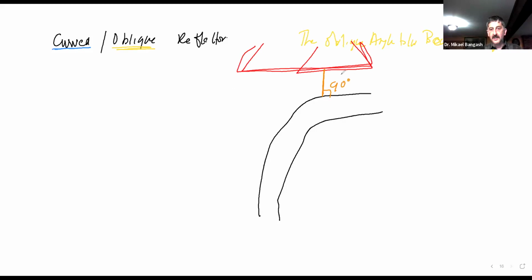We have a 90-degree angle between the tissue boundary at this point here, and it's your smooth angle.